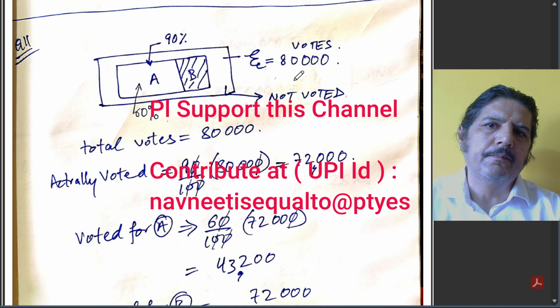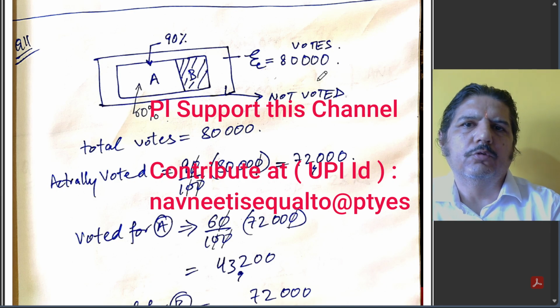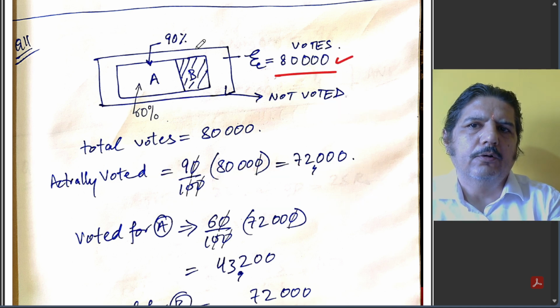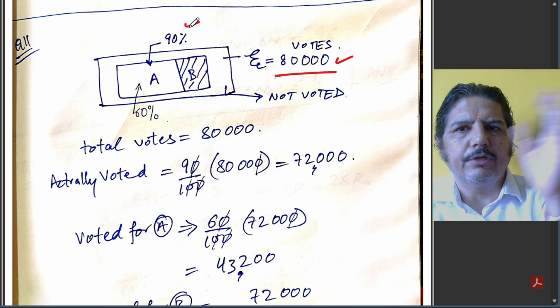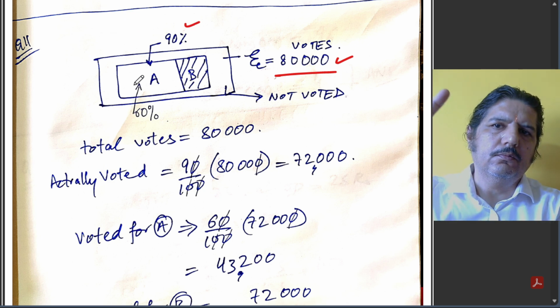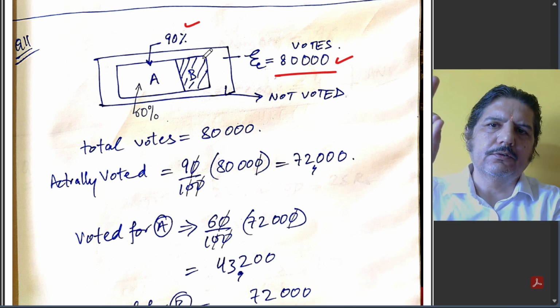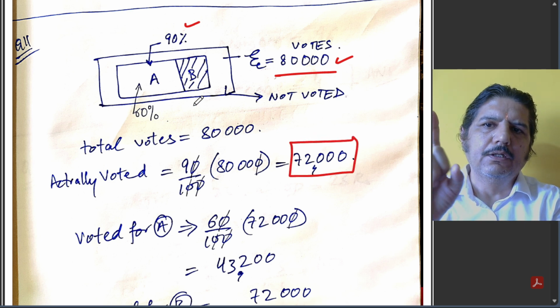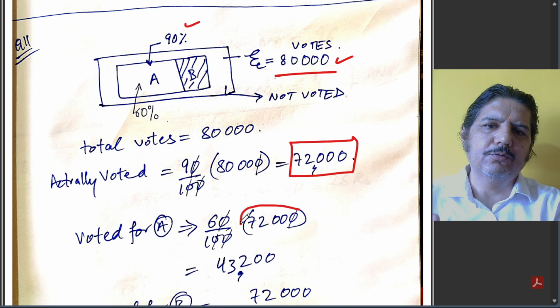So if you want to see the working again, total were 80,000. Out of 80,000, 90% actually voted. Now, the critical thing that you need to understand is, out of the 90% who actually voted, which is 72,000, 60% went to A. So find 60% of 72,000.